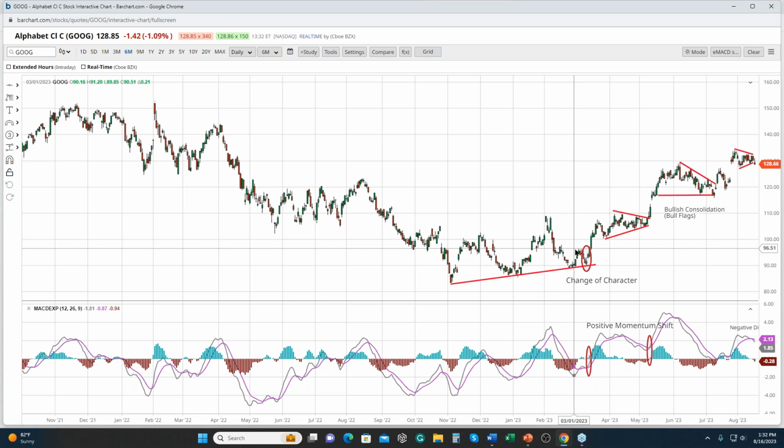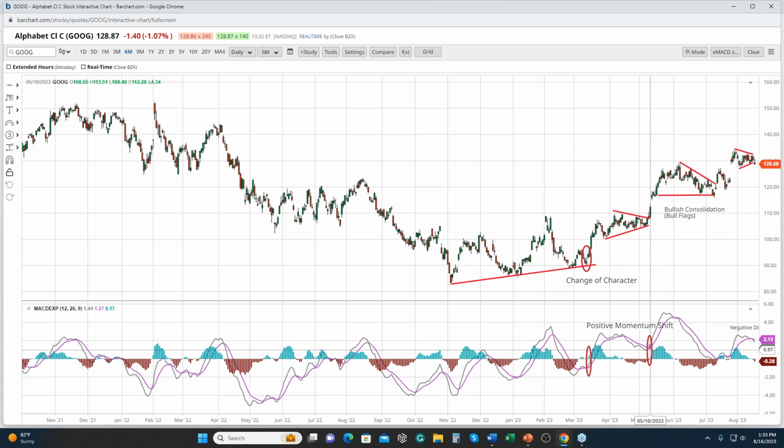lower highs. Now the market rallies up, it pauses, gathers energy, and what we would call a bullish consolidation. Some of you might know this as a bull flag or an ascending wedge. There's a lot of different names. Again, what is our MACD doing?